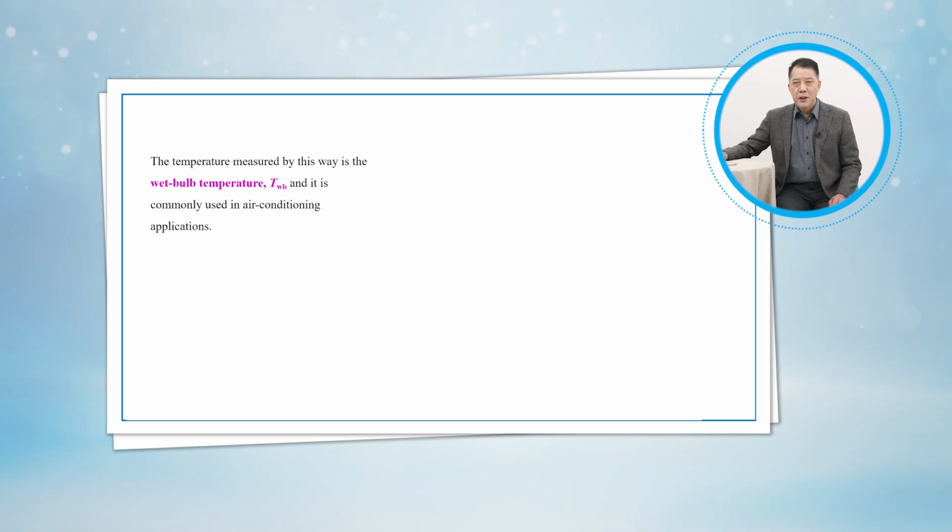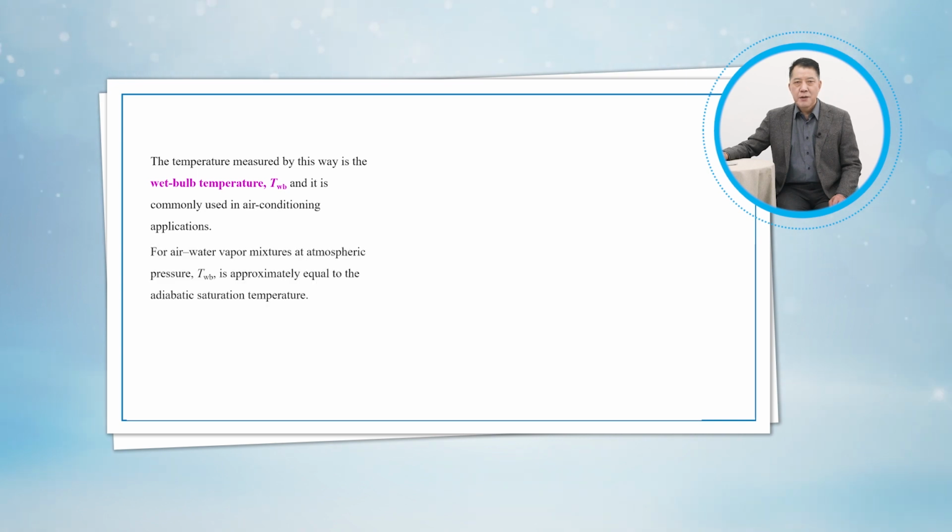The temperature measured in this manner is called the wet bulb temperature, T_wb, and it is commonly used in air conditioning applications. The basic principle involved is similar to that in adiabatic saturation.